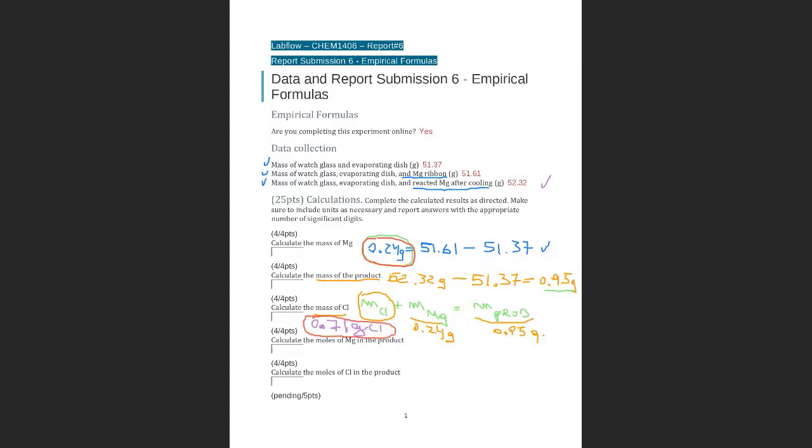Very good. But now, because in the formula we don't use grams, we use moles, we have to convert the grams into moles. And they are asking, calculate the moles of magnesium in the product. How do I calculate the moles of magnesium? The number of moles of magnesium is going to be the grams of magnesium.